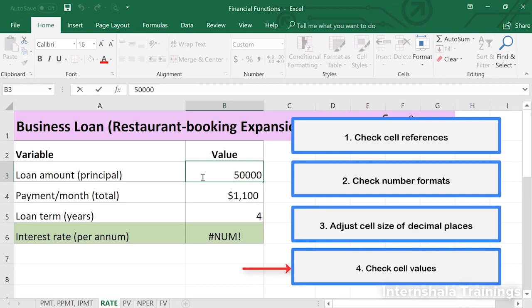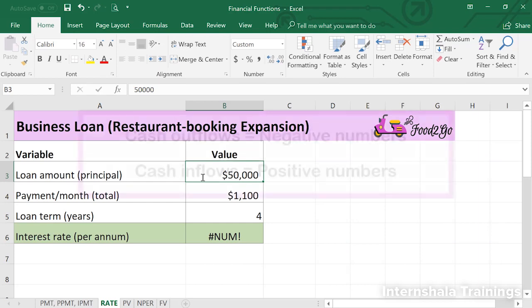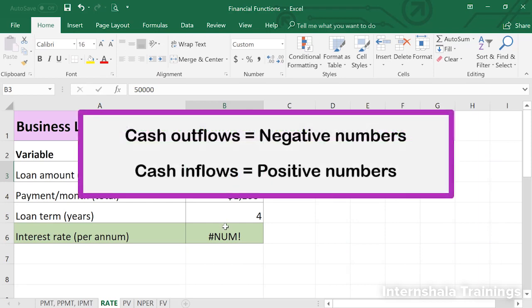Now the last thing is what is causing the error in our example. Recall that when we calculated the PMT function, we ended up with a negative number as it was a cash outflow. Cash outflows are represented by negative numbers and cash inflows are represented by positive numbers.